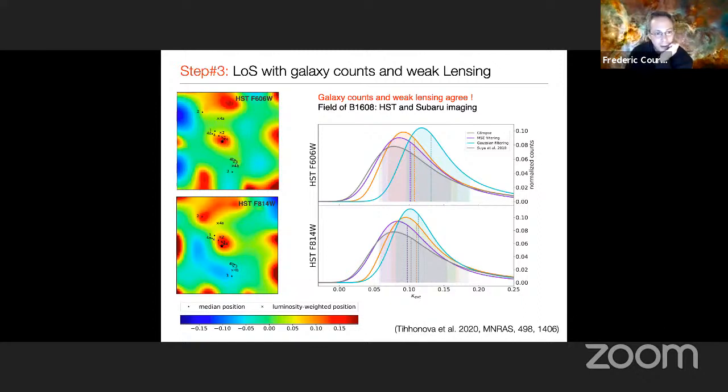The red areas are where you have more mass, and indeed you have more mass where we also have our lensing galaxy. Then you plot the probability distribution function for this mass, and you find essentially the same as for galaxy counts. So this is pretty much under control. Of course, either could be wrong, but it's two very different techniques giving the same results within error bars. Remember, the number here is the correction you need to apply to your H0 value due to the line of sight, and that's a percentage.